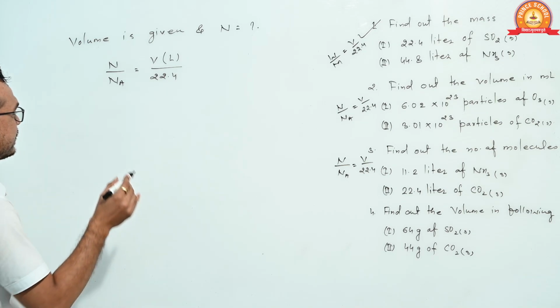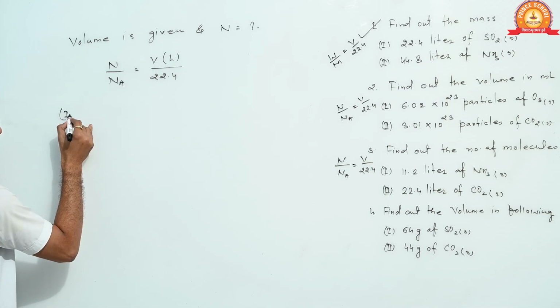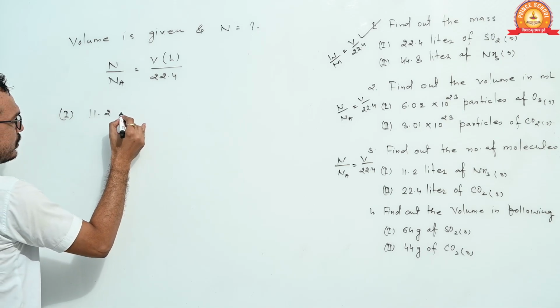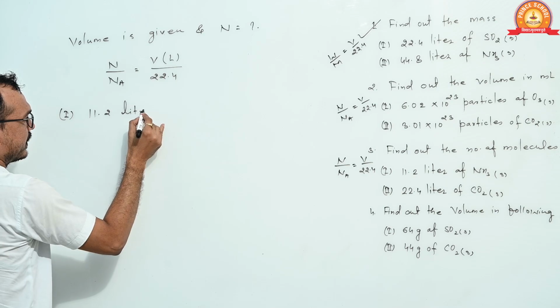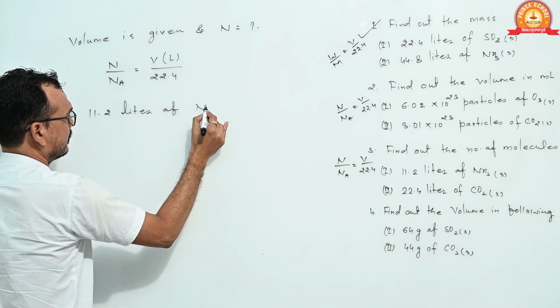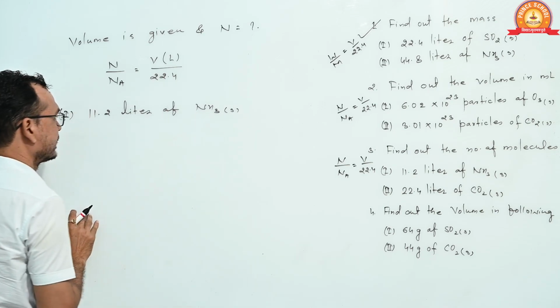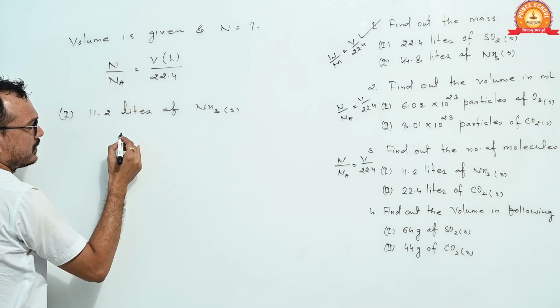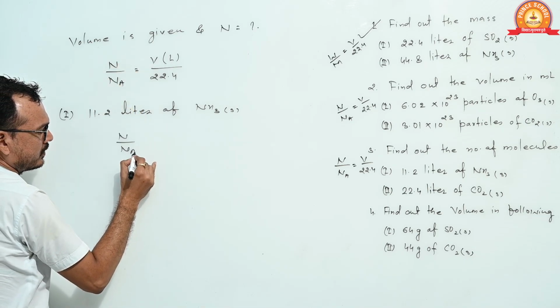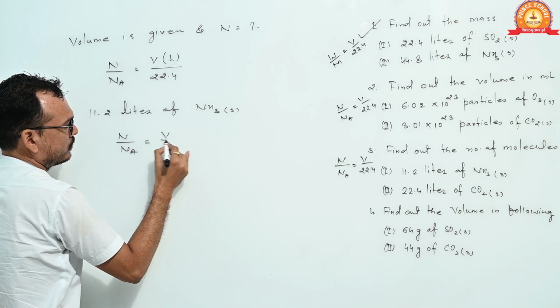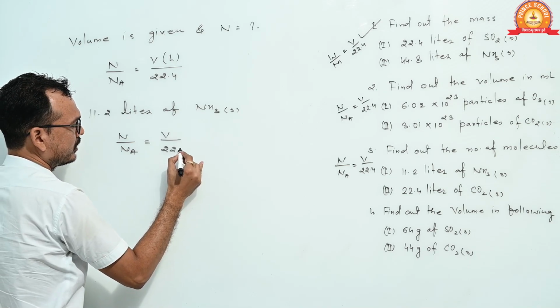First question is 11.2 liter of NH3 gas, and apply this formula: N upon Na is equal to V divided by 22.4.